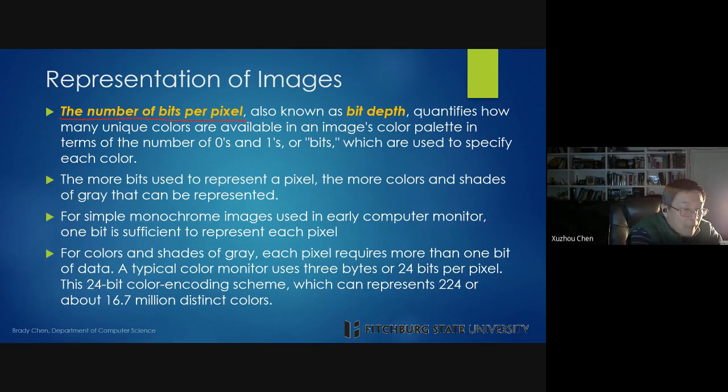So for the number of bits per pixel, as I said, for true color we use 24 bits. This quantifies how many unique colors are available in the image color palette in terms of the number of zeros and ones, or bits.